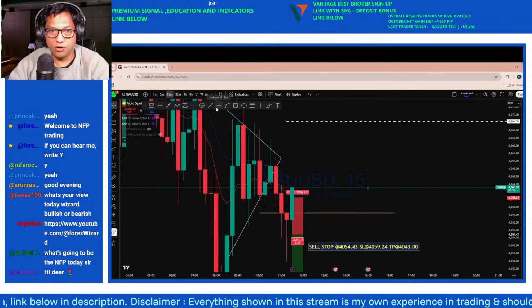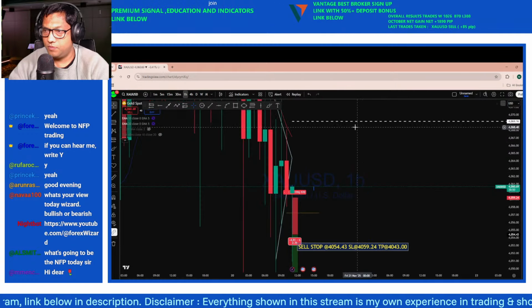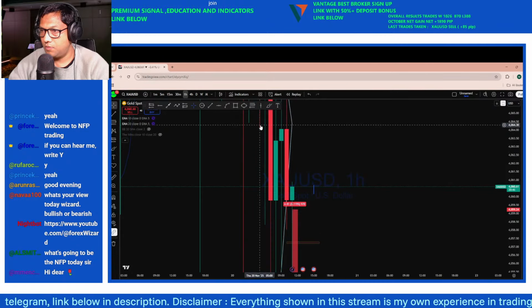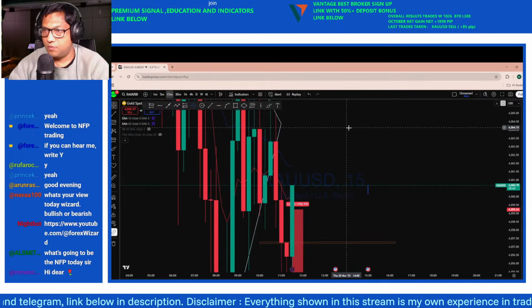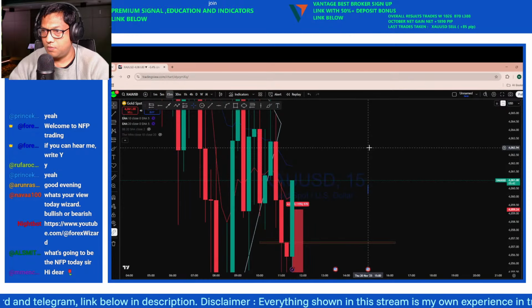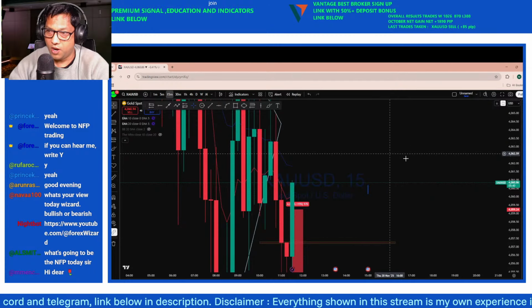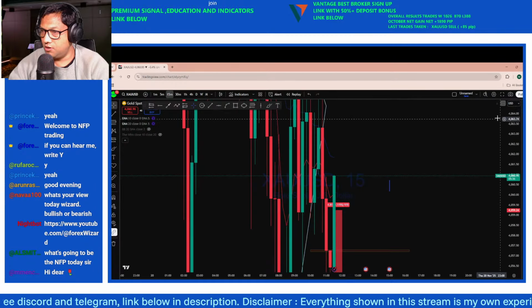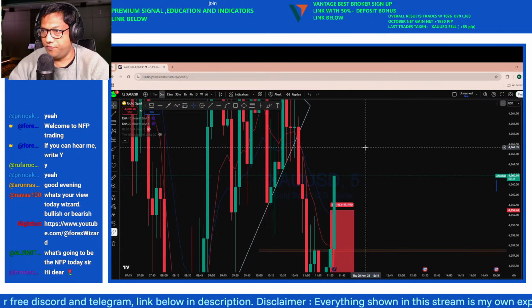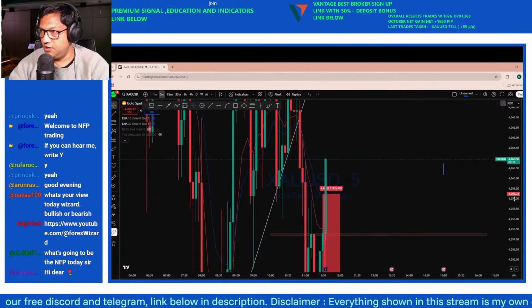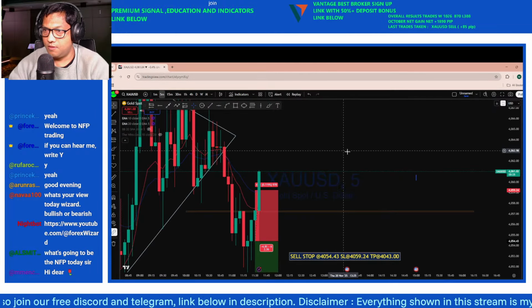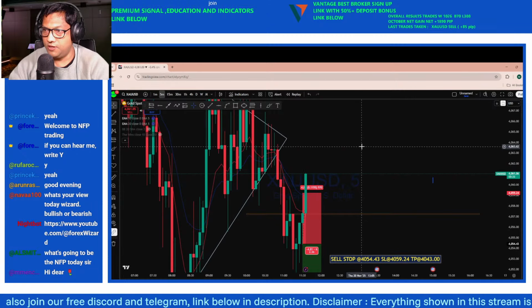That might go a little higher now. The market is quite volatile due to the NFP. So here we'll be on the trade if the market is breaking that low.